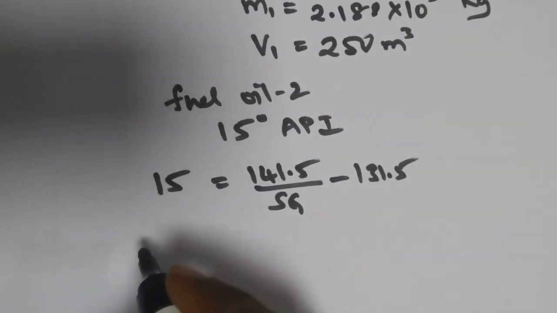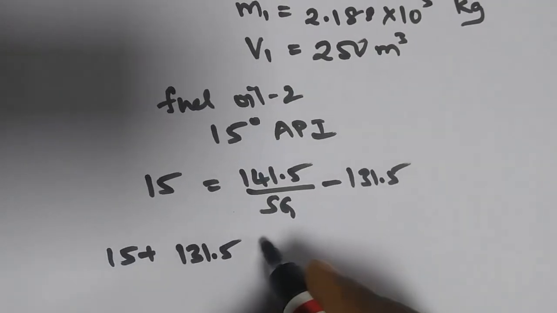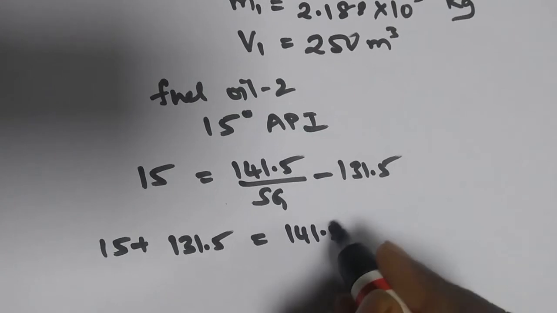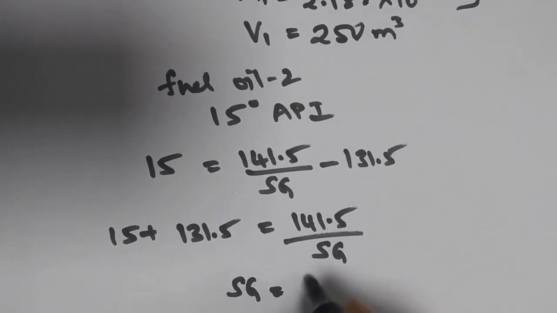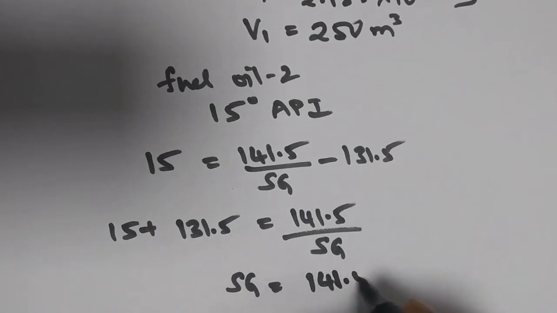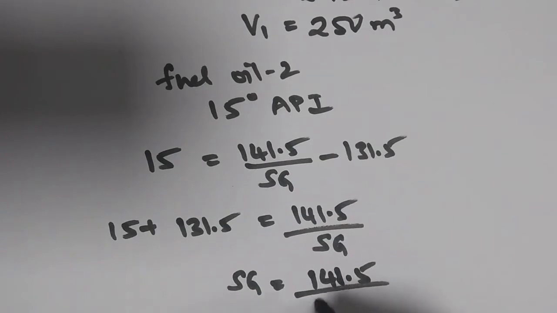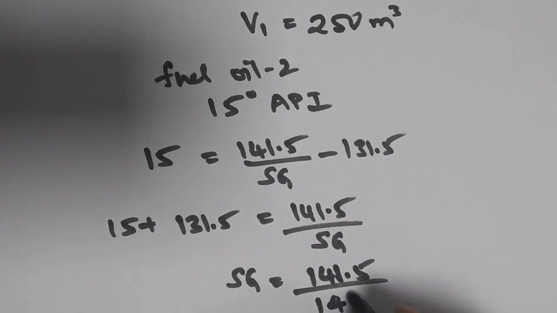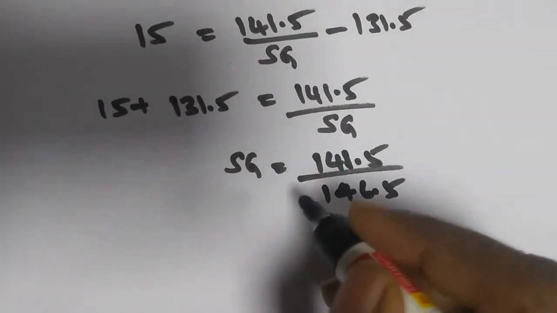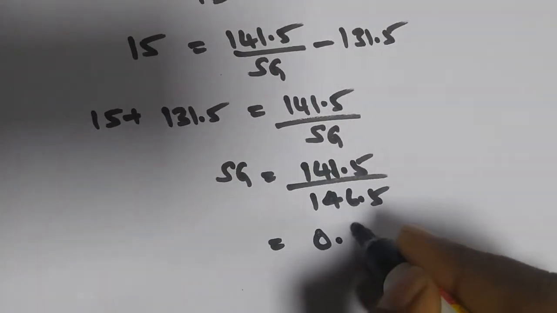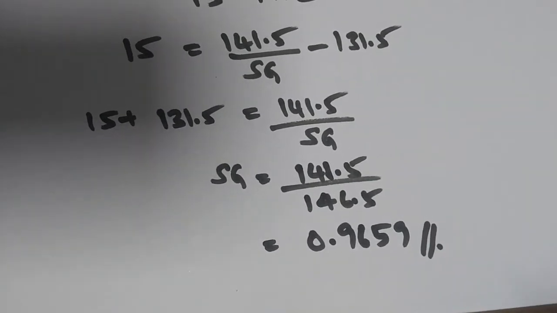Rearranging, 15 plus 131.5 is equal to 141.5 divided by specific gravity. So specific gravity is equal to 141.5 divided by 146.5, which is 0.9659. This is our specific gravity.